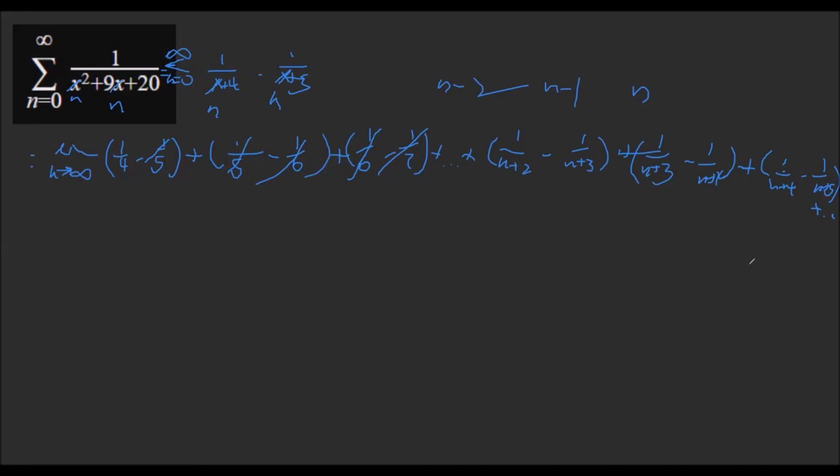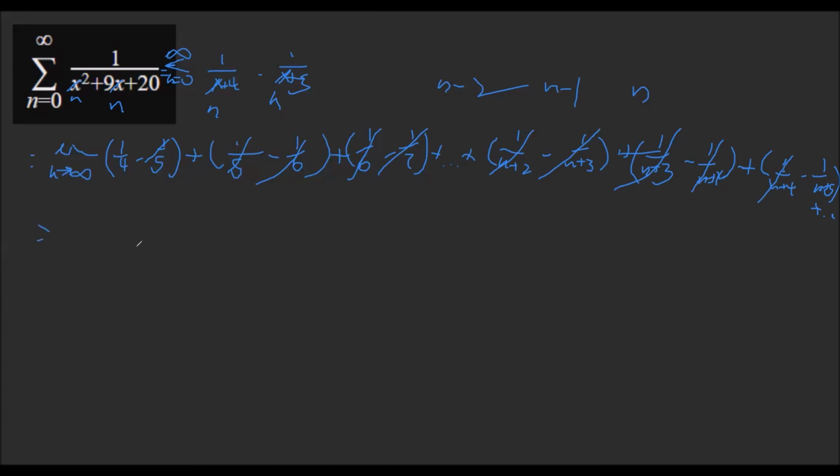Negative 1 over n plus 5 does not combine with a 1 over n plus 5 to equal 0, and so we'll leave this term alone. However, 1 over n plus 4 does, as well as 1 over n plus 3. And if you see the pattern, you'll notice that 1 over n plus 2 will as well. If we were to write the fourth to last term, you'd notice that we'd have a negative 1 over n plus 2.